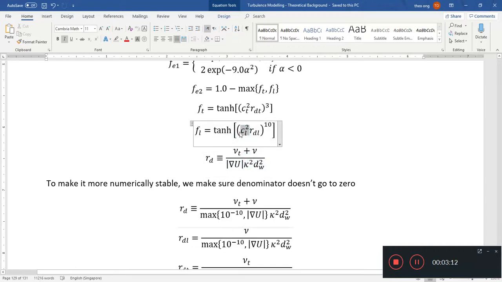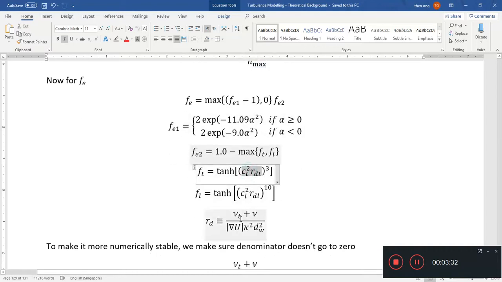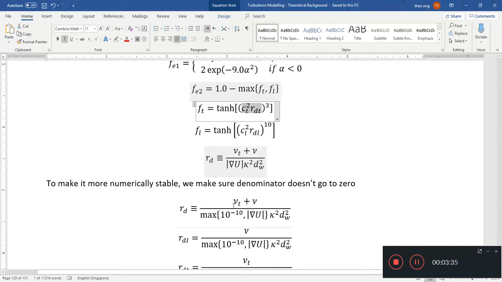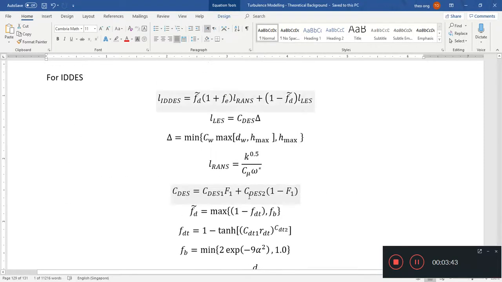You have this CT and CL here, and then you have RDT here and RDL here. All of these are just here to help you adjust for the log layer mismatch. RDL is based on the length from the wall exclusively, because alpha square is a length-from-the-wall kind of function. For RDT, this is a turbulent viscosity kind of function, so that's where it comes in. RDL and RDT are very similar, though again we rewrite them as such.